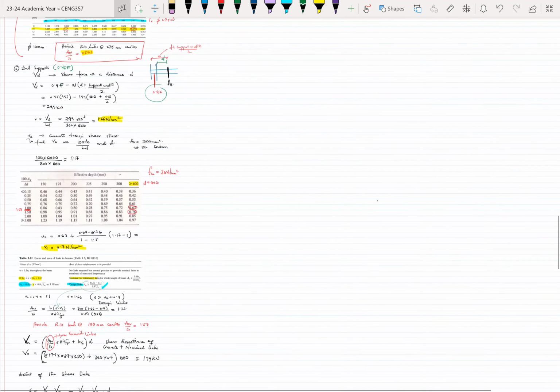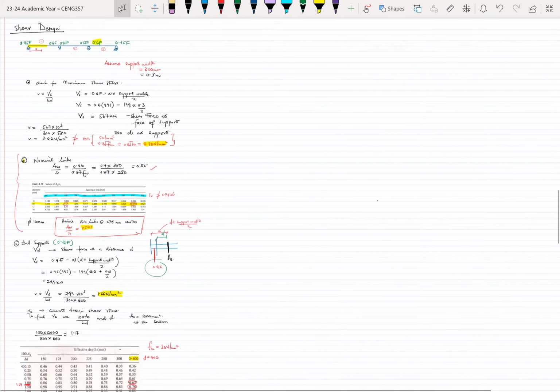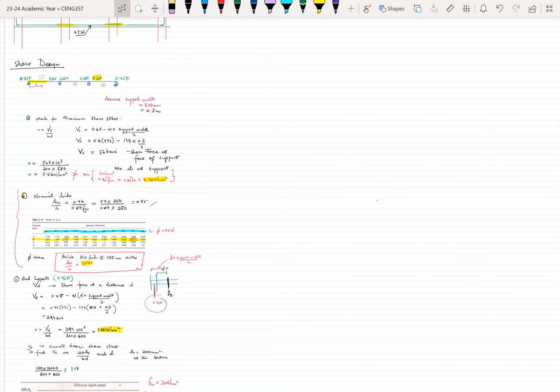So here, our nominal links. We said that our nominal links is supposed to be R10 at 275 millimeters.